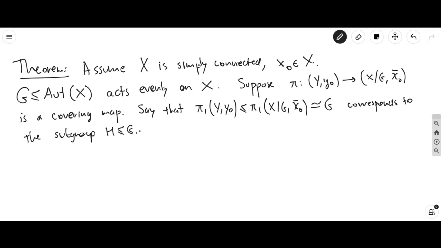So again, whenever you have a covering map, the fundamental group of the cover is a subgroup of the base, but the base happens to be isomorphic with G. And so this group, under this isomorphism, corresponds to some subgroup.